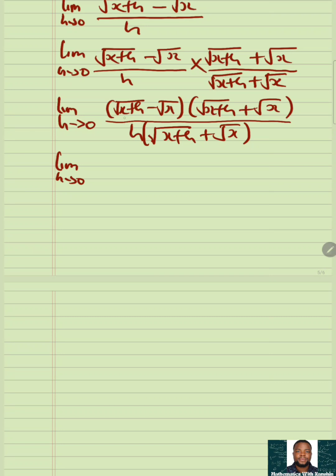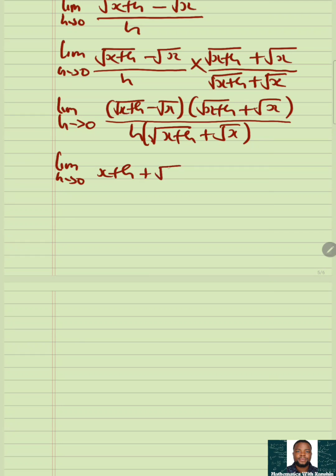So you have the first square root, root of x plus h, multiplying root of x plus h in the second bracket. They have the same base. According to indices, square root is something like power of 1 over 2. So you add 1 over 2 plus 1 over 2, you pick one of the bases, so that gives you x plus h. Then you do the same multiplication and expand the bracket.